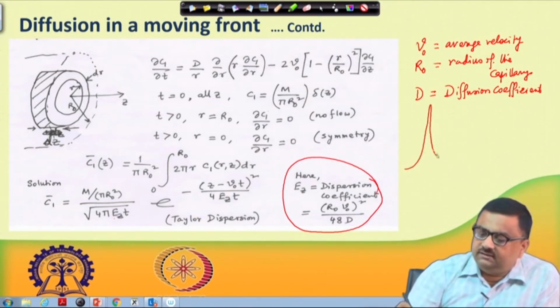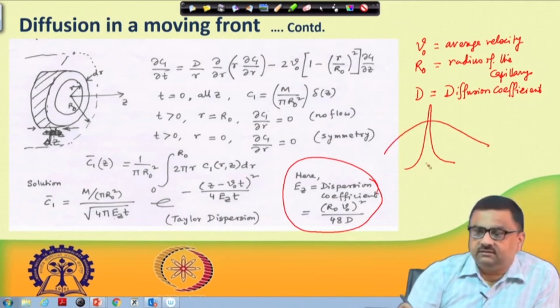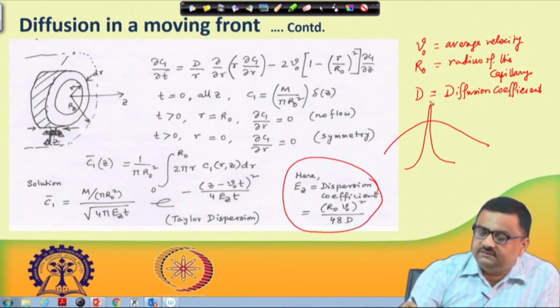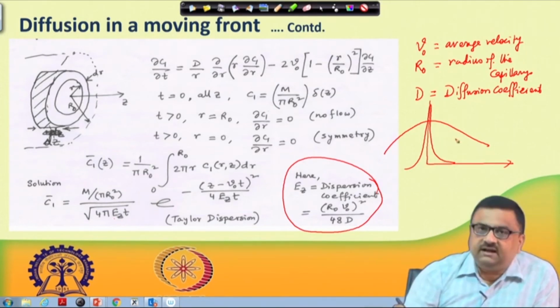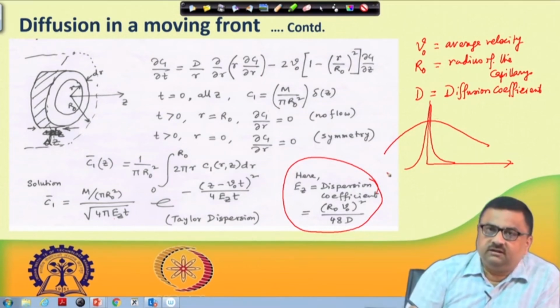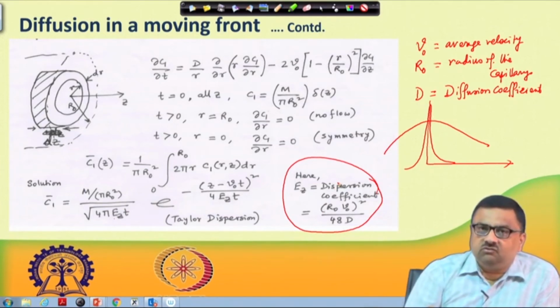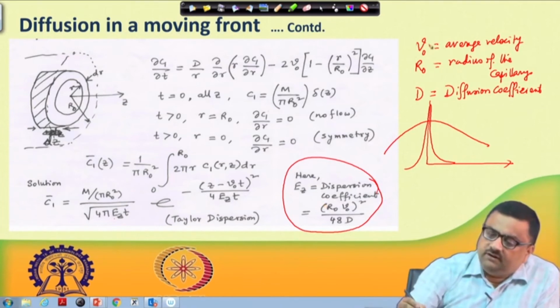I had this Dirac function, and when D was higher, I would have expected this to be spreading faster. This was the profile at that time. So now Ez higher would have the same effect on this concentration profile. If Ez is higher, there would be more stretching. So what will make Ez higher? Ez will be higher when the velocity is higher.